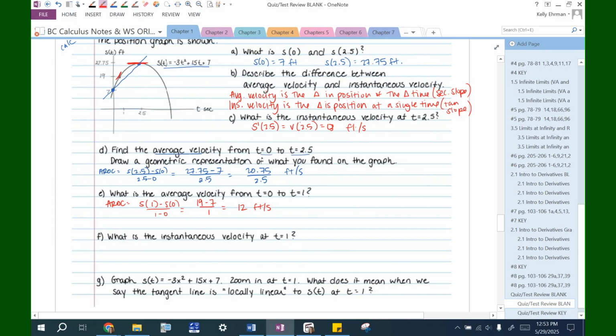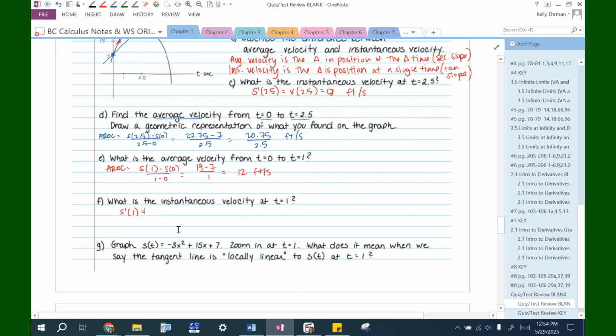So this tangent slope, I'm going to need to do a bit of finding, right? So I want to find S prime of 1. And we don't know our shortcuts yet. So I'm going to use my alternate form of the limit definition. I'm going to say, well, that's the limit as x approaches 1 of S of t minus S of 1 over t minus 1.